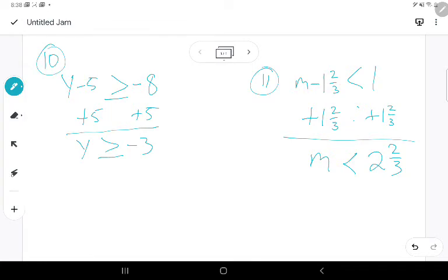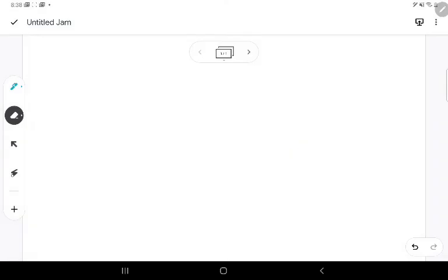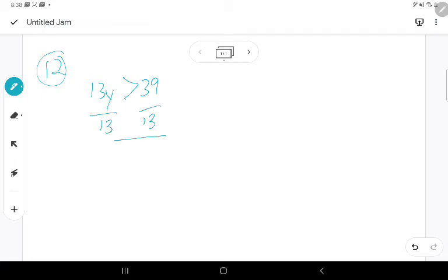All right. Number 12. Number 12 was 13y is greater than 39. So on this one, 13y is 13 times y. So I would divide both sides by 13, and y is greater than 3.